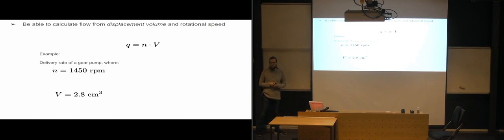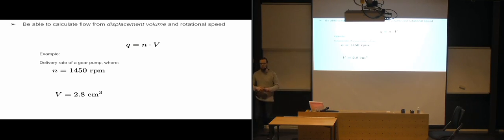So the example that we looked at quite early, I think it was our second lecture or something like that, we looked at a gear pump where we had 1,450 rotations per minute, RPM, and we had a displacement volume of 2.8 cubic centimeters. And this is often the problem, because we're often given it in cubic centimeters.